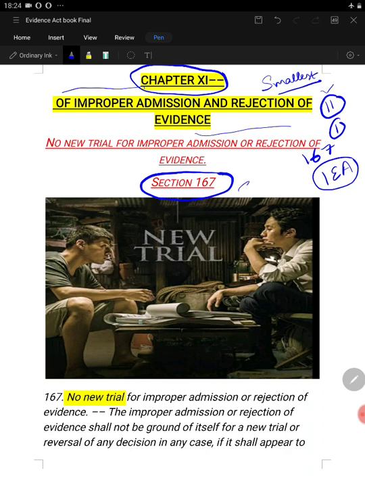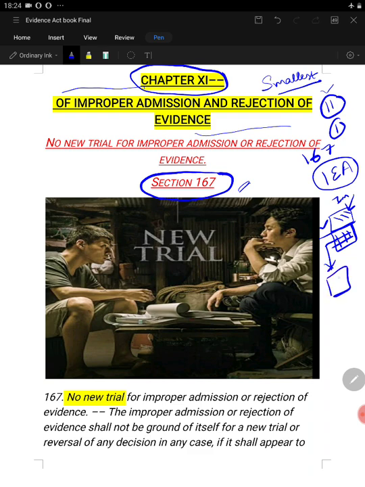So, what this section says is that suppose some evidence has not been properly taken, and in spite of it, even if these improperly taken evidences are not taken into account, there is some evidence which has been properly taken, and based on it some decision has been given.